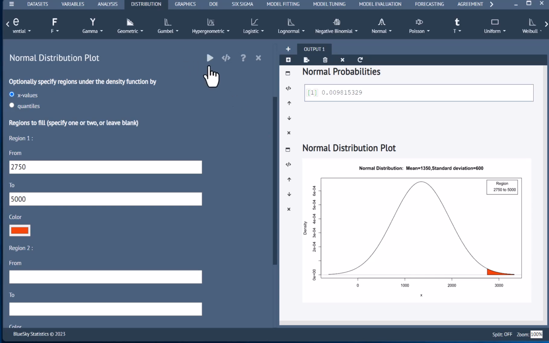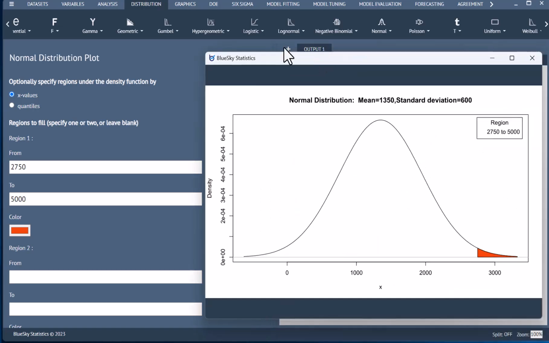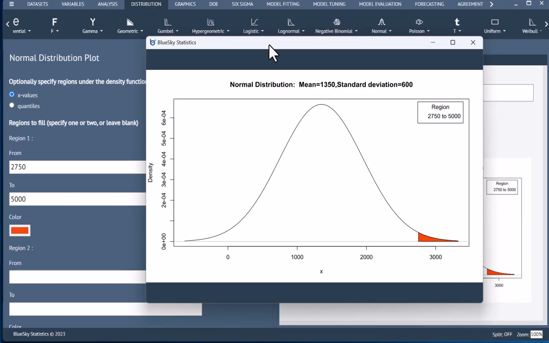If you click the execute dialog, BlueSky will give you this plot. And that's what we need to include in our reports to illustrate this idea. So it shows the percentage above 2,750. We already know that's roughly 1%, but the graphics make it easier to see.